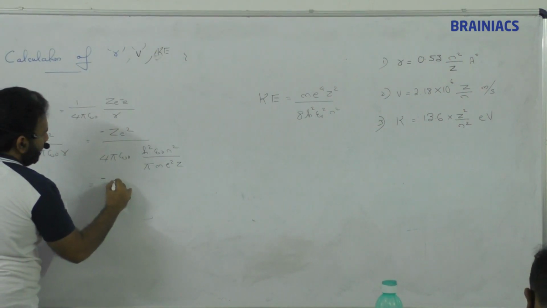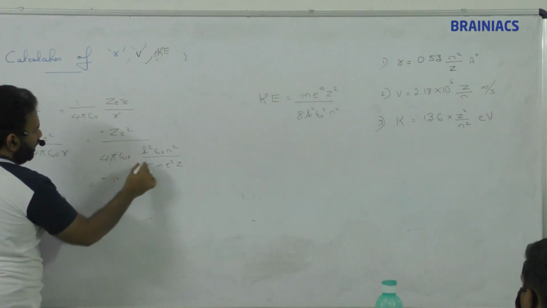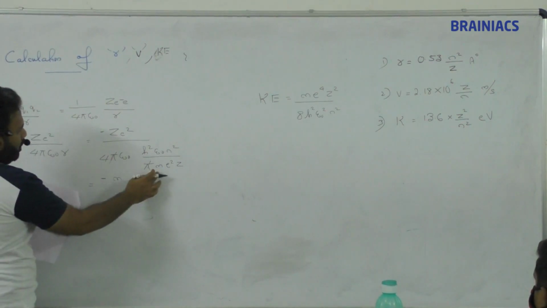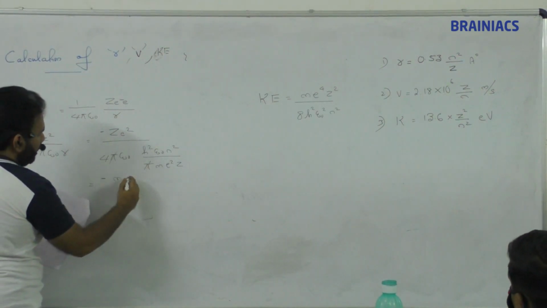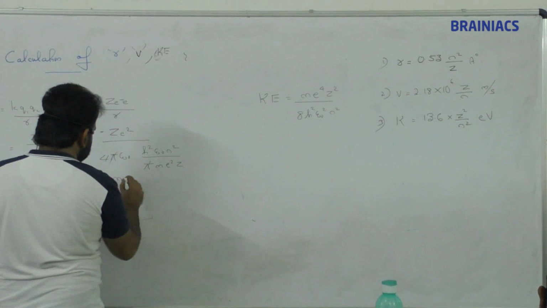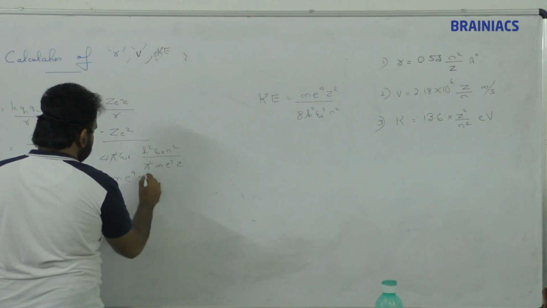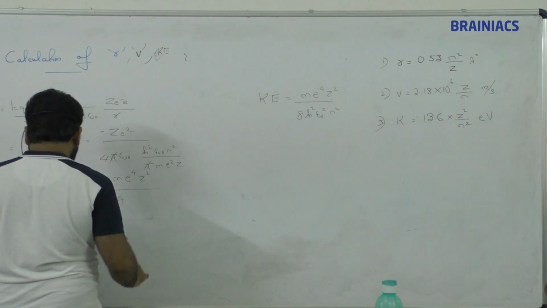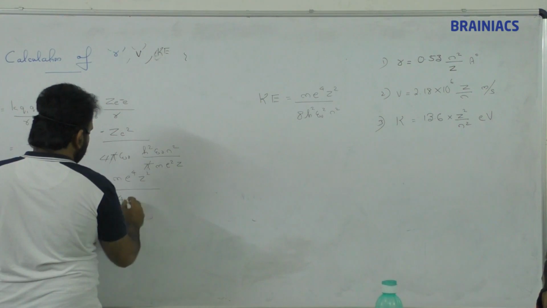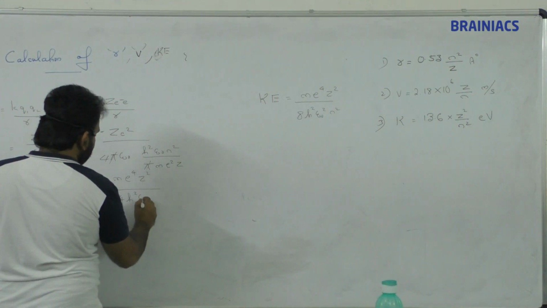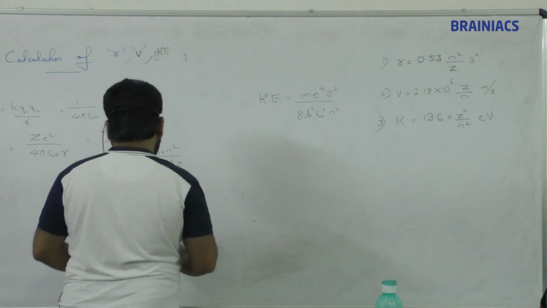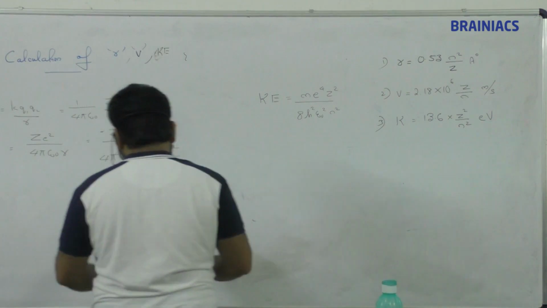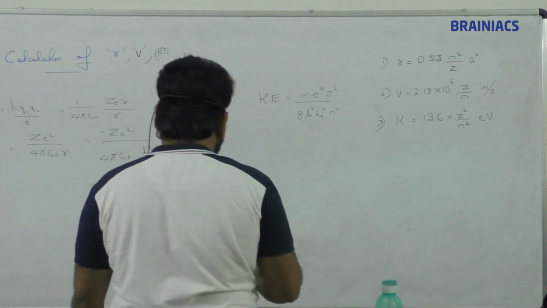Minus m, pi will be cancelled off, so minus m, this will go up, this will become z e raised to 4 z square divided by 4 h square epsilon square, correct, m e raised to 4 z square.